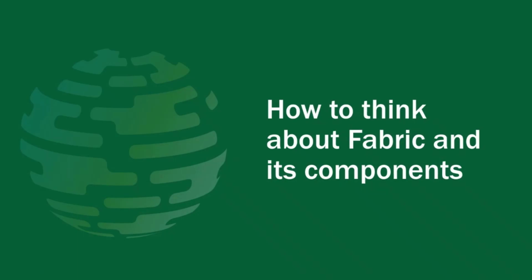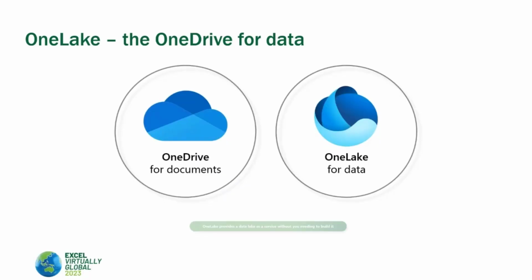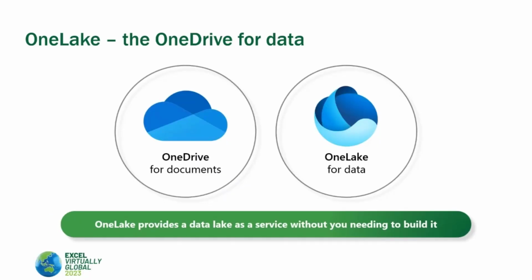So how to think about Fabric and its components? Let's start with OneLake, which is a key feature, one of my favorite actually, and it's the baseline of Fabric. OneLake aims to provide a single data lake as a service without you needing to build it yourself. For years, you've had OneDrive for all your documents. So now you have OneLake for all your data, a single data lake for the entire organization.